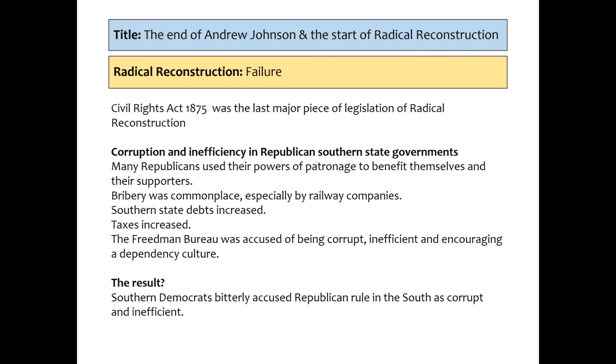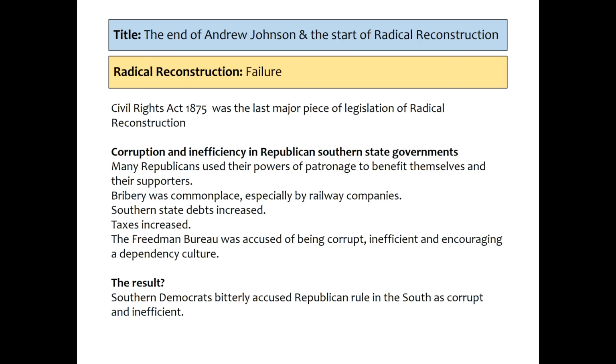The Civil Rights Act of 1875 was the last piece of legislation of Radical Reconstruction. What undermined it was the corruption and the inefficiency in Republican southern states' governments. So the Republicans themselves in these states may have been able to keep control had they not been incredibly corrupt. They were using their powers to benefit themselves. There was lots of bribery.